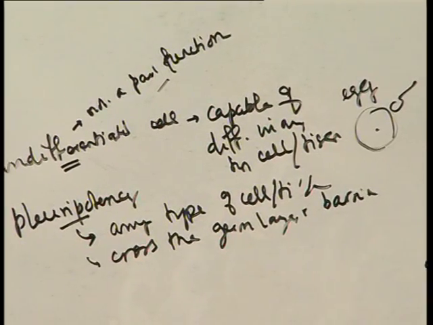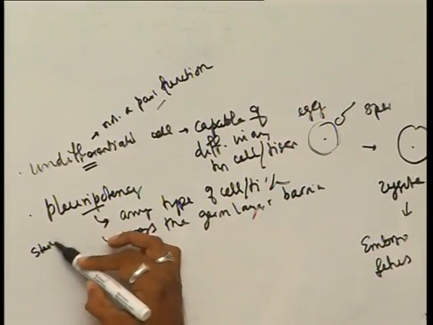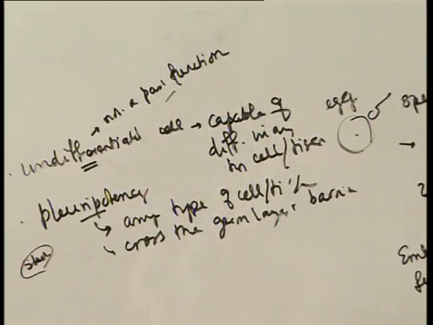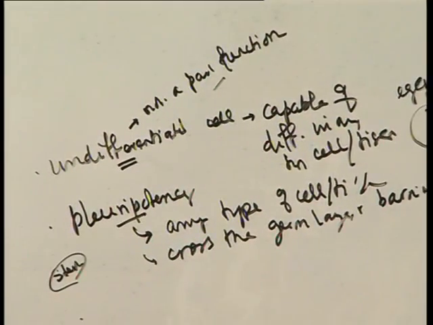What is a germ layer barrier? This is the germ layer barrier. That means if you isolate a stem cell from the ectodermal layer, it can form mesoderm and endoderm, provided that the condition is given to them. You understand? It has pluripotency.